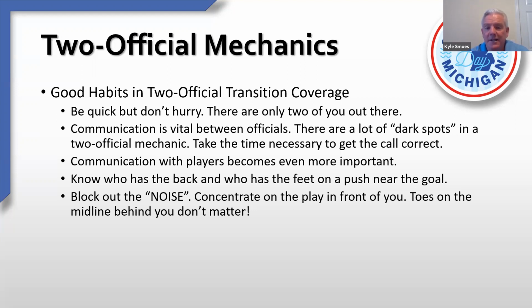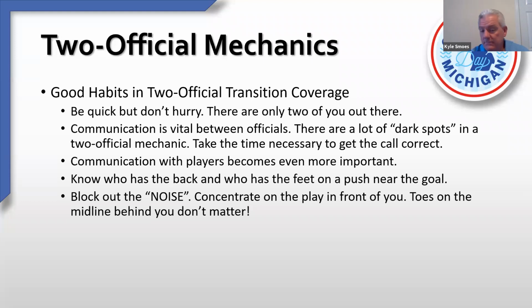And then the last thing, you mentioned this a little earlier, Michael, in a 2-man, block out the noise. You're going to hear a lot of it in the 2-man. Concentrate on the play that's in front of you. So if you've got settled play, or you have a fast break play, and we have players going to the goal, it's much more important that we cover that goal and that goal crease and the man in possession than somebody's got 2 toes over the midline.